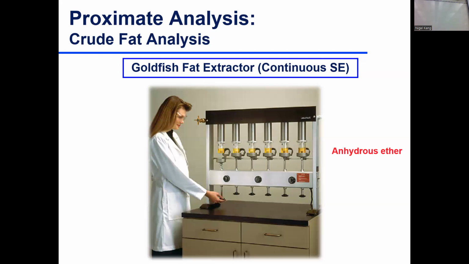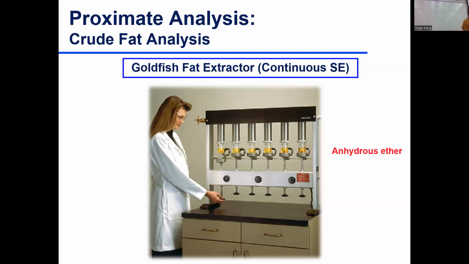You turn on the hot plate, and then the solvent evaporates, goes up, and then again gets back. You don't have any soaking step in this method. So your sample is in the thimble, you put the thimble and then turn on the hot plate.